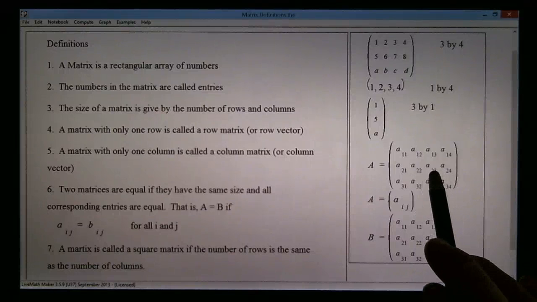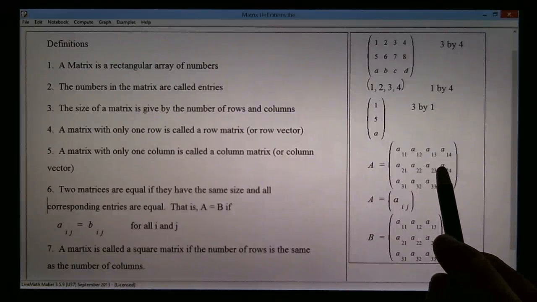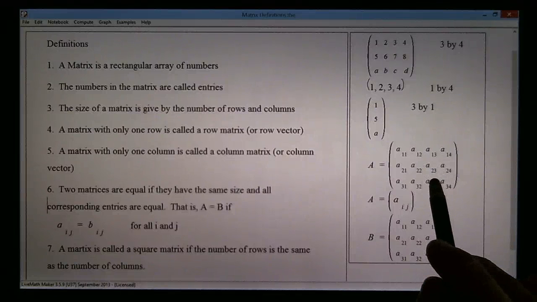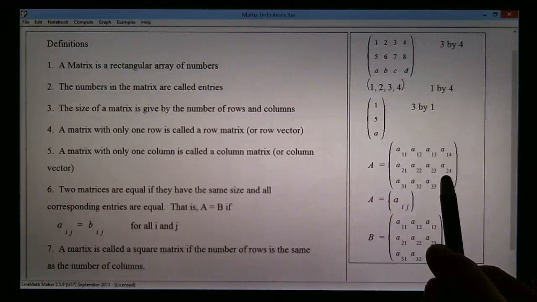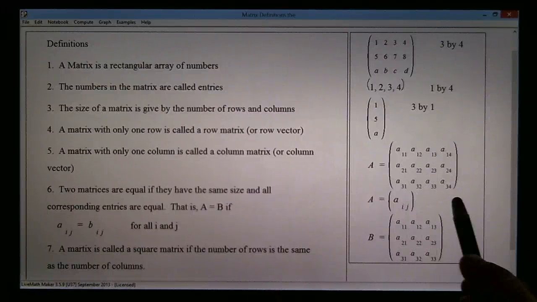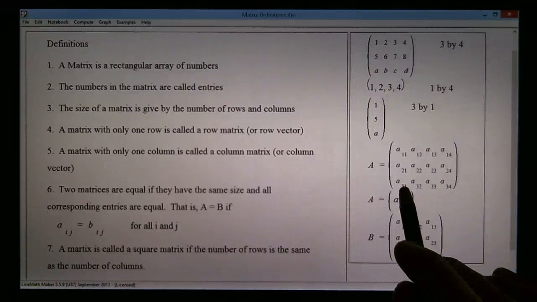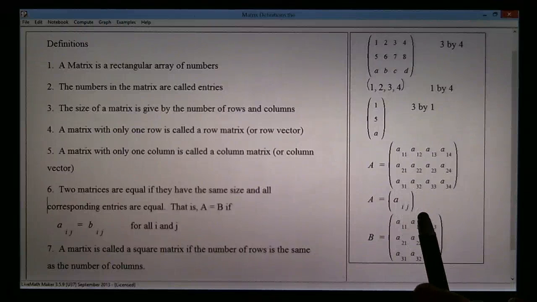So for instance, this one here, a sub 2,3. This is the entry in matrix A in the second row, third column. Rows and columns, 2, 3. So second row, third column. Down here, this one right here, a sub 3,1. Third row, first column. So a sub 3,1 is the entry in the third row, first column.